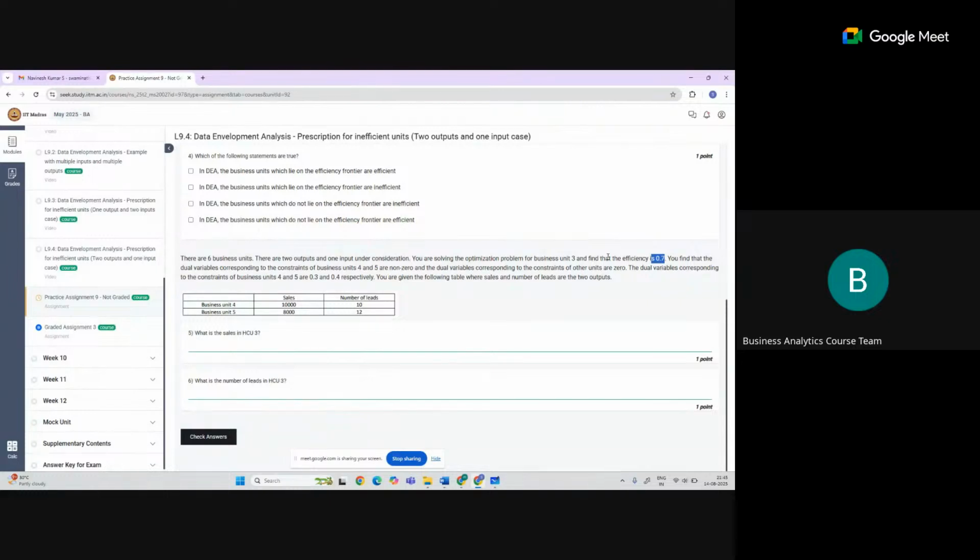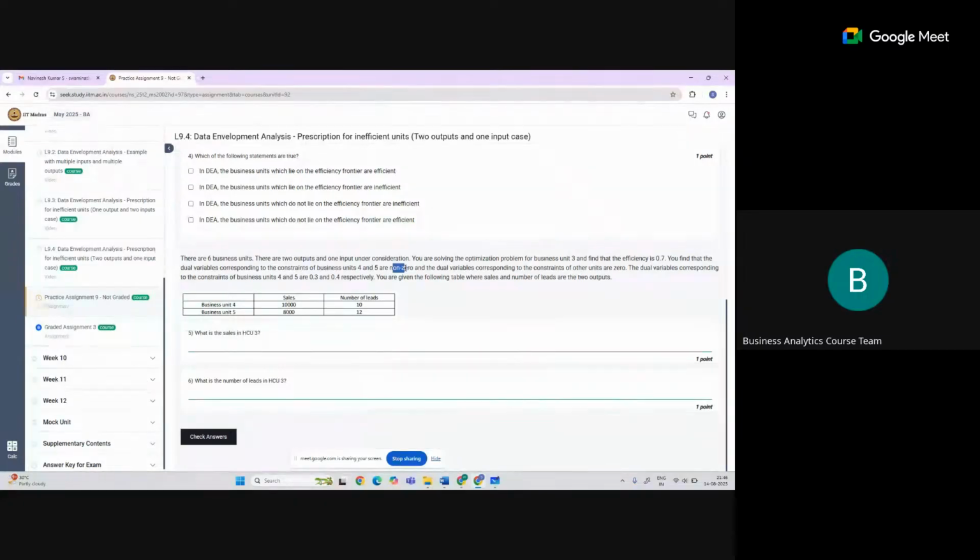So now you are trying to make it more efficient. You find that the dual variables corresponding to the constraints of business units 4 and 5 are non-zero. So for business unit 3, business units 4 and 5 are reference units because they are non-zero. The shadow prices for business units 4 and 5 are non-zero.